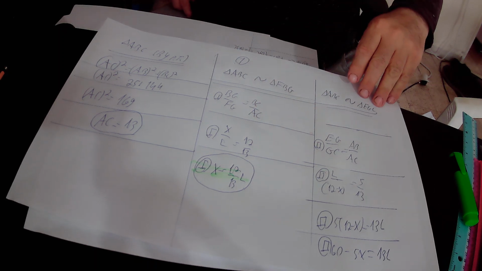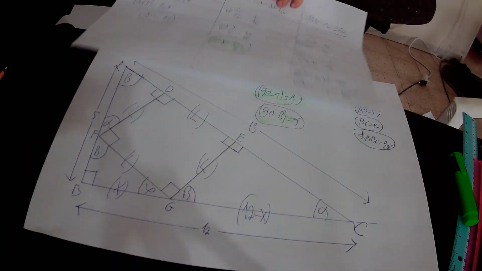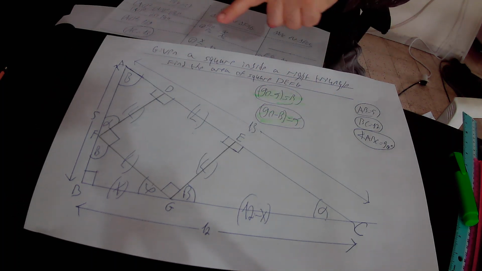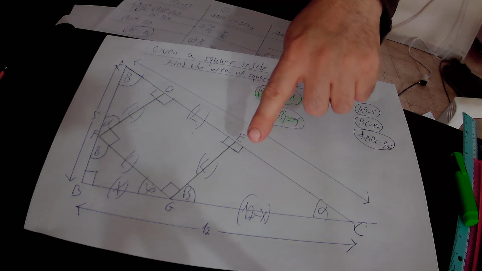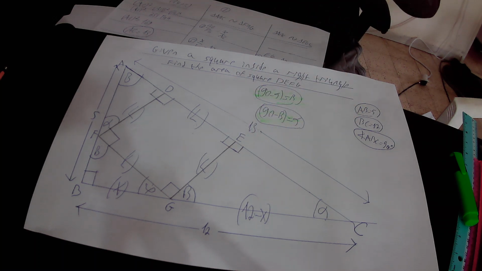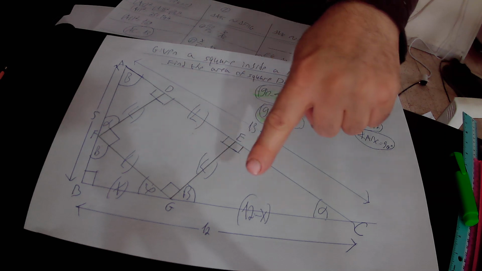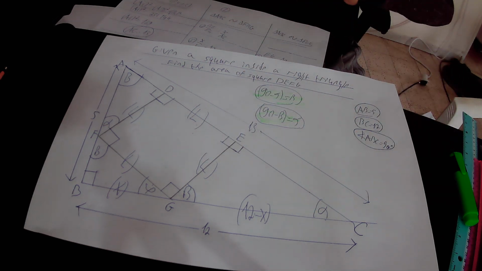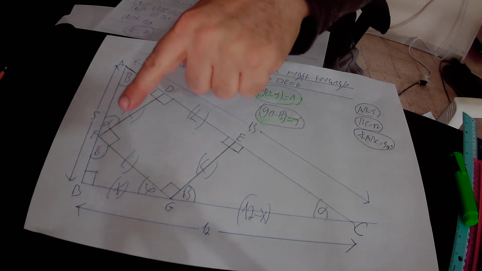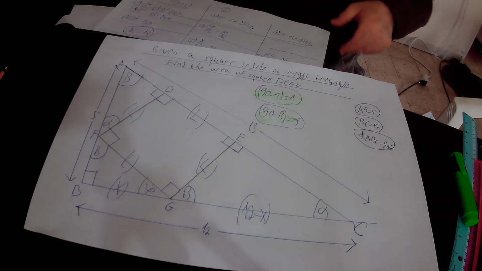Likewise, we know that the right big triangle ABC is similar to the right triangle AGC according to the angle similarity rule. And for the fact that those 2 right triangles are similar to each other, we derive that EG over GC in the right triangle EGC equals AB over AC in the right triangle ABC.